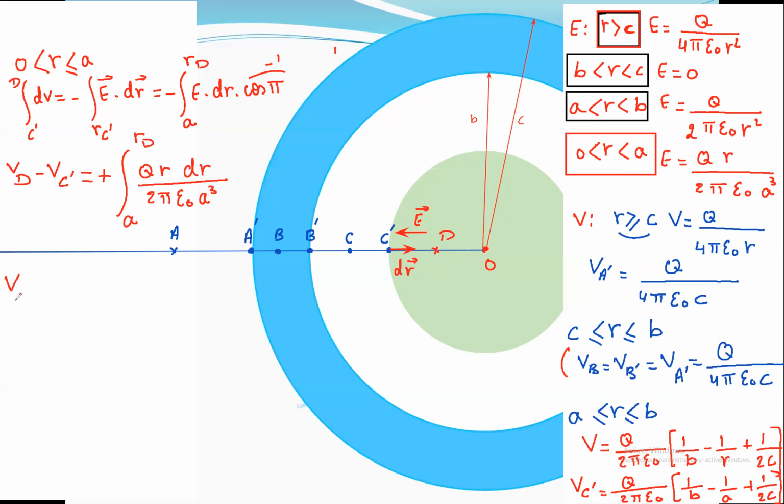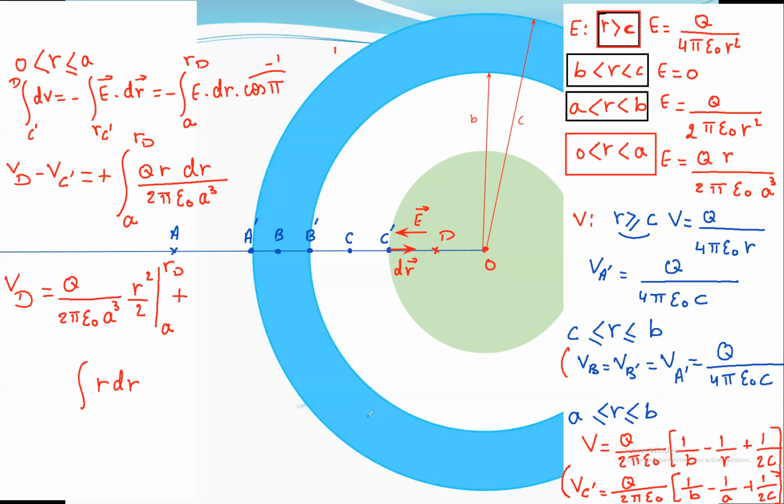Now we can calculate VD equals Q, which is constant, over 2 pi epsilon 0 times A cube. And inside we have the integral of r dr, which is equal to r square divided by 2, with the limit between A and rD, plus VC prime.